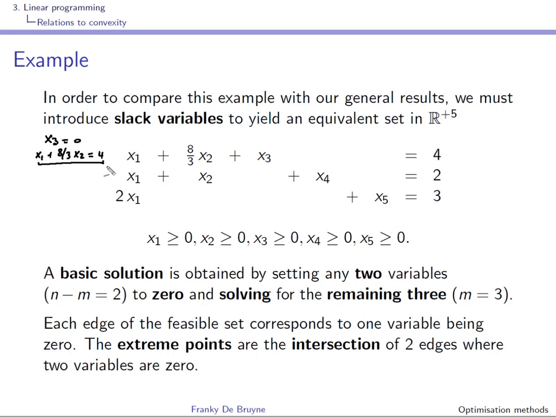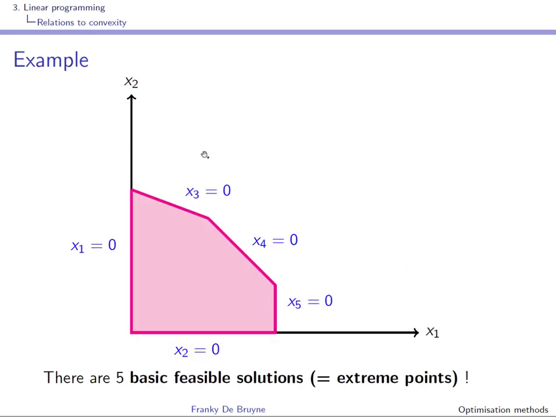So this is what we had in the previous representation of the feasible set. So this extreme point corresponds to a basic feasible solution where x1 is equal to 0 and x3 is equal to 0, and the other components of x are different from 0.